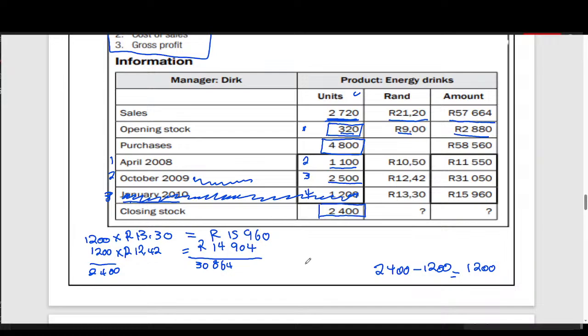But listen to this. Of the 2,500, 1,200 was not sold, meaning that 1,300 was sold. This stock is now divided in two pieces. The one part was sold, the other part was not sold. Okay, let's move to the next question.